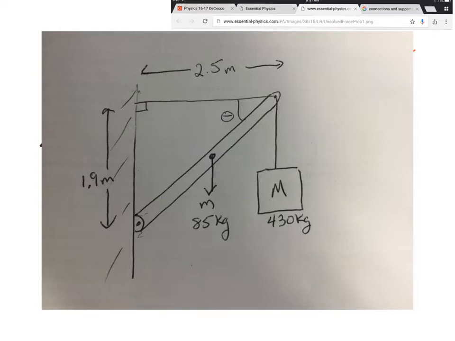Now this beam also has mass, so there is a force of gravity acting at the center of mass of that beam. It gives us the dimensions from the pin to the cable, and from the cable to the edge of the beam. There is an angle there, but that is not given. What we're trying to find here is the tension in the cable.